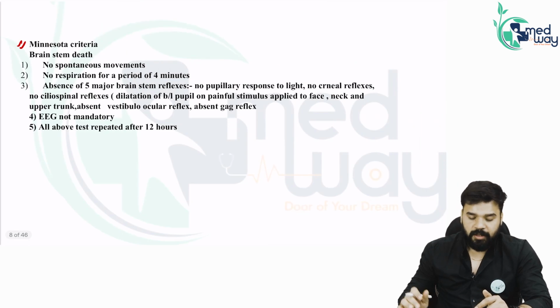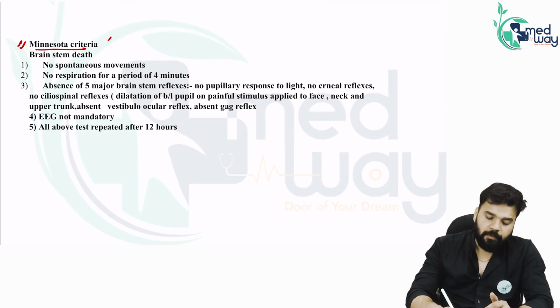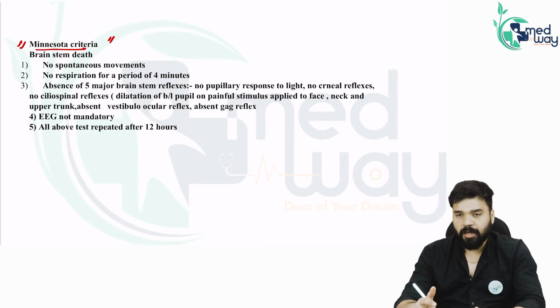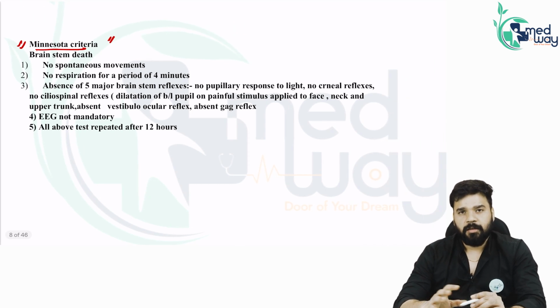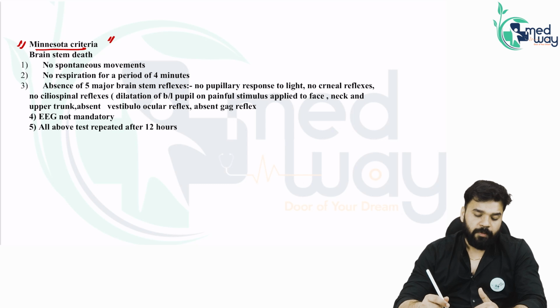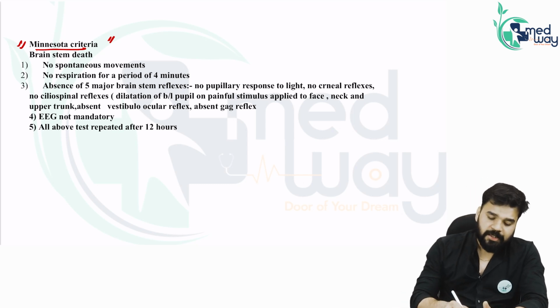Now, moving forward, this one is the Minnesota criteria. Harvard's and Philadelphia criteria and protocol respectively were for the whole brain death. Now, Minnesota criteria is for brain stem death.